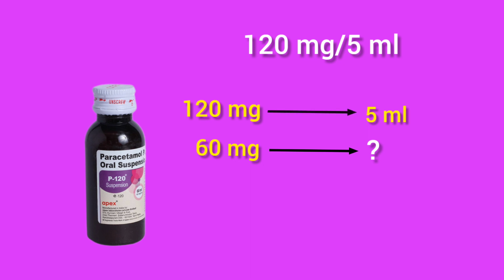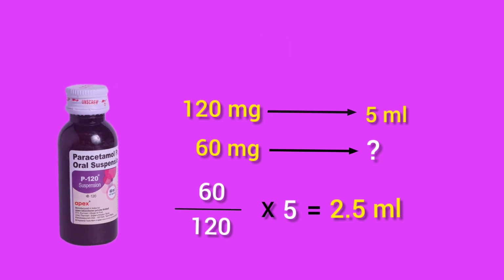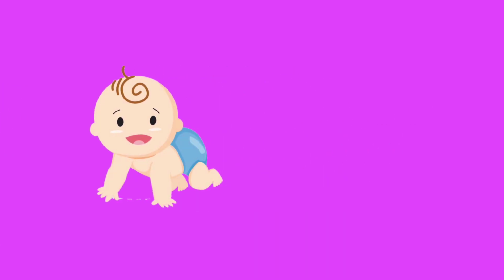If we require a 60 mg dose of paracetamol, we just have to cross multiply. 60 into 5 by 120, that is 2.5 ml. So, in this case, the child who has elevated temperature is to be given 2.5 ml of the syrup every 4 hours.